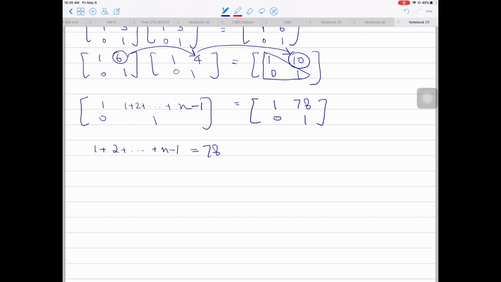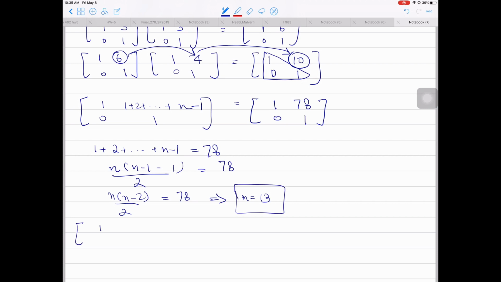The sum of the numbers till n minus 1 is n times n minus 1 over 2, which is n times (n minus 1) over 2, which is 78. From this we know that n equals 13.